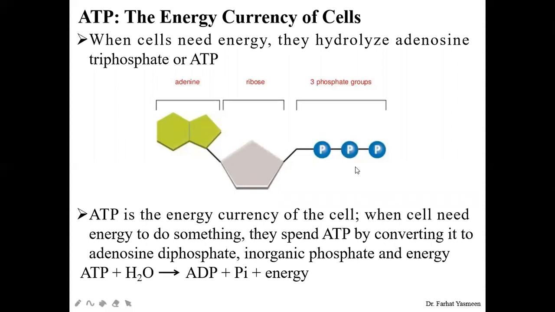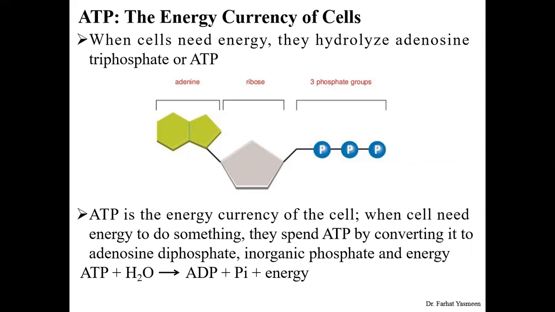the adenosine triphosphate is converted into ADP, adenosine diphosphate, and one inorganic phosphate is released, and as a result energy is also released. And after ADP, when there is again a need of energy, this phosphate bond will break again, and then ADP will be converted into AMP.